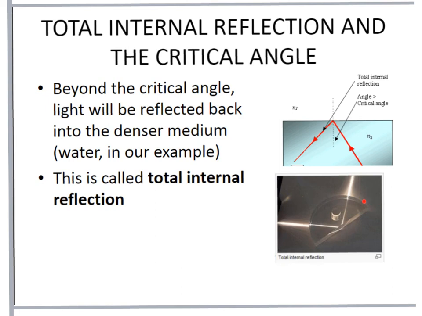This is a lens, so this sort of semicircular shape, and a light is being shone in. It has passed that critical angle and it is being reflected off the boundary. So it's going into the sort of glass object and being reflected out of the glass object instead of coming out the other side. This is total internal reflection.